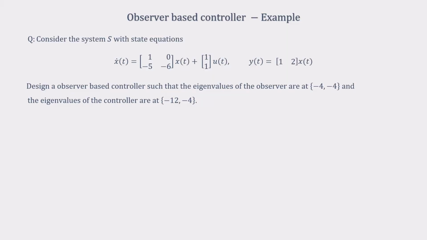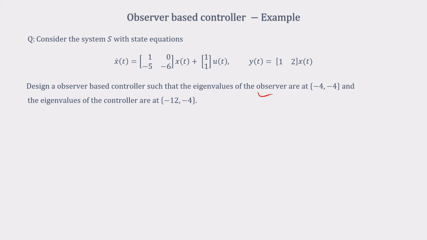So, let us take this example, and in this example the entire recipe of finding out those observer based controllers will hopefully be clear. The system that we are starting off with is this: x dot equal to Ax plus Bu, y is this, and we are asking the question: design an observer based controller such that the eigenvalues of the observer are at -4 and the eigenvalues of the controller are at -12 and -4.